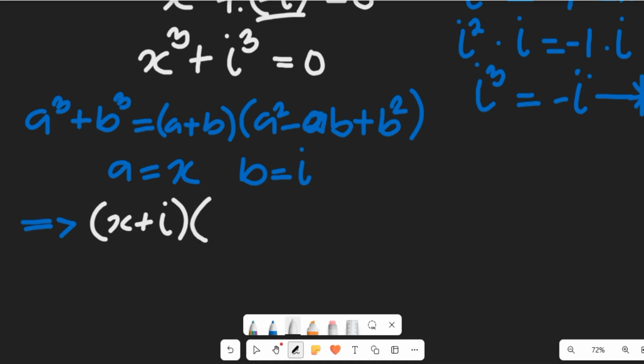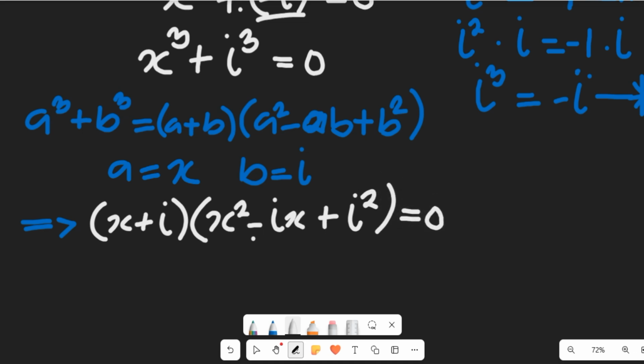Then the other one go be x square minus i x plus this one na b wey be i square, and all this one go dey equal to 0.